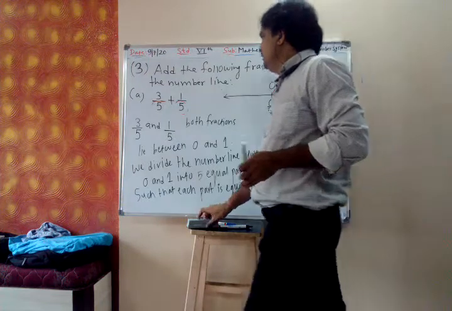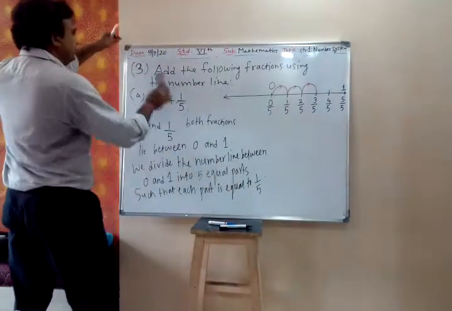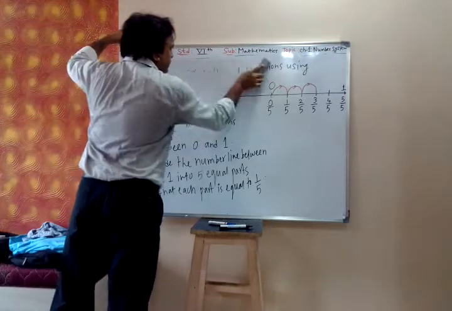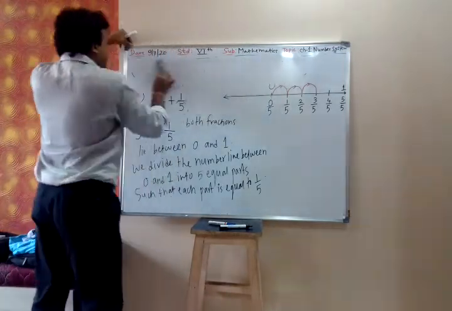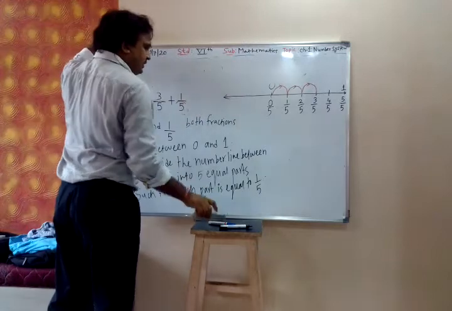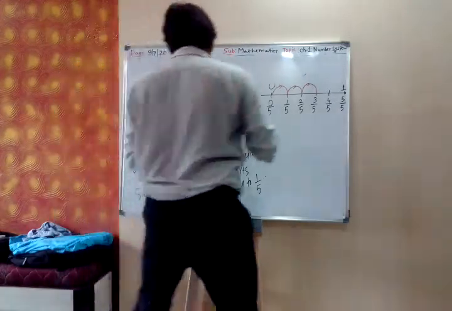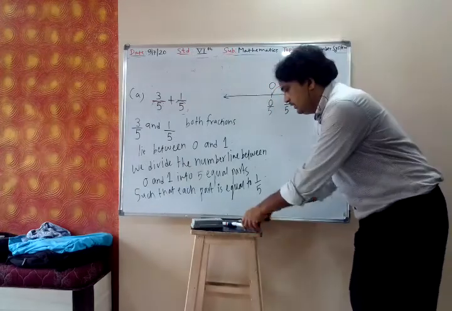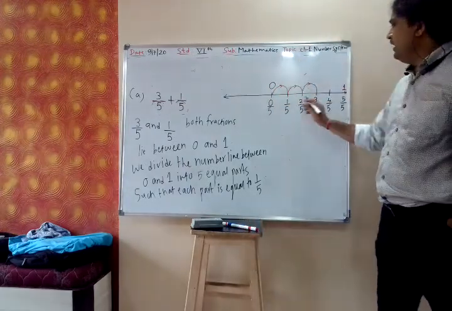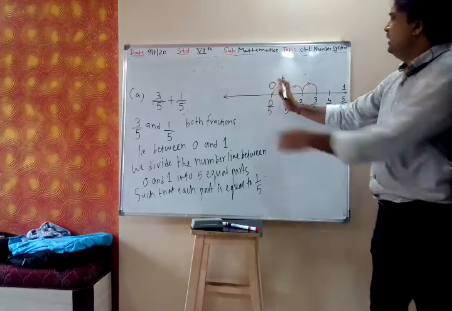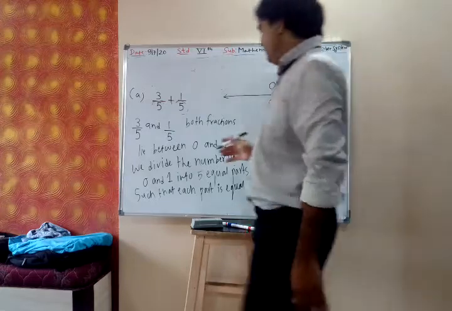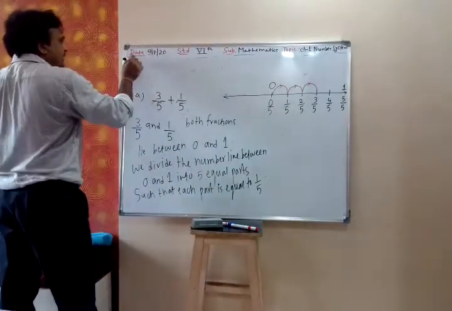After this we write, to represent 3 upon 5. How will you represent 3 upon 5? To represent 3 upon 5, from 0, I will move 3 steps to the right directly.